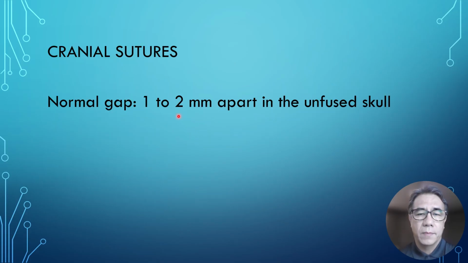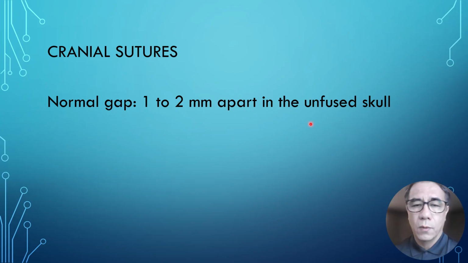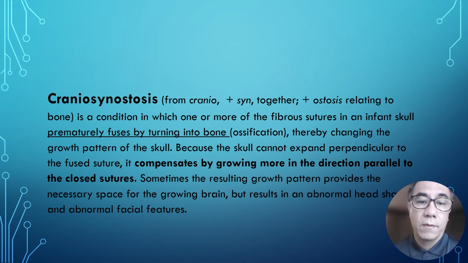The normal gap of the unfused skull, as far as the cranial sutures are concerned, is only 1 to 2 millimeters apart. Whereas if you palpate the sutures and they are already ridged and raised over the scalp, that means there is premature fusion of the sutures.